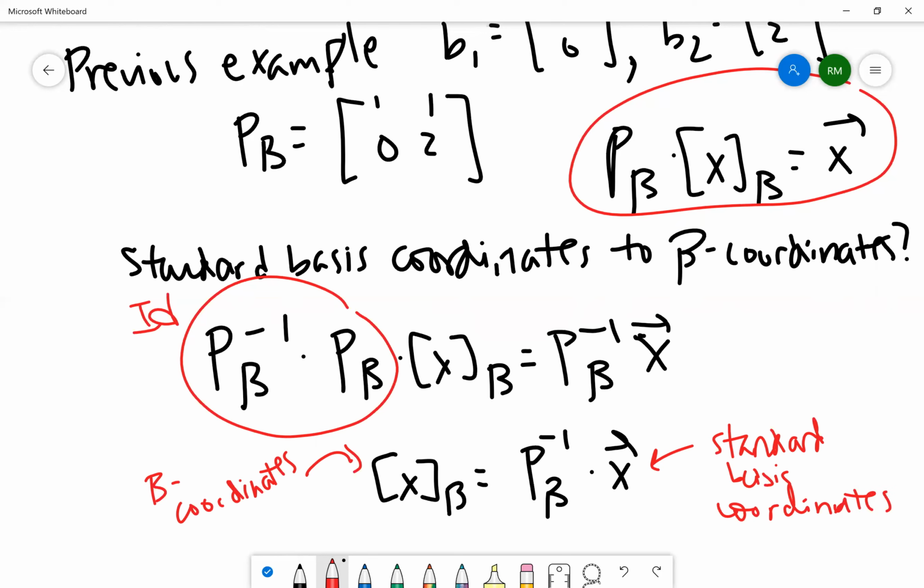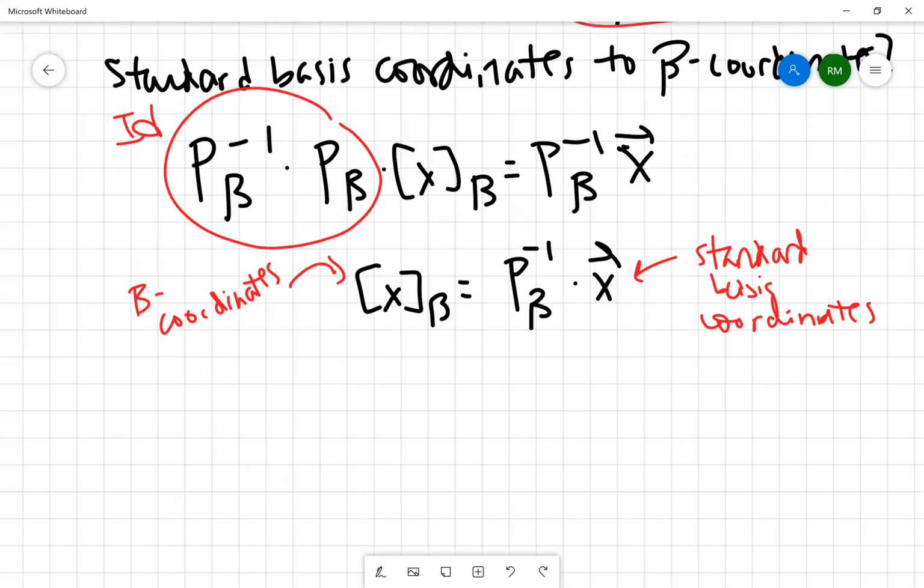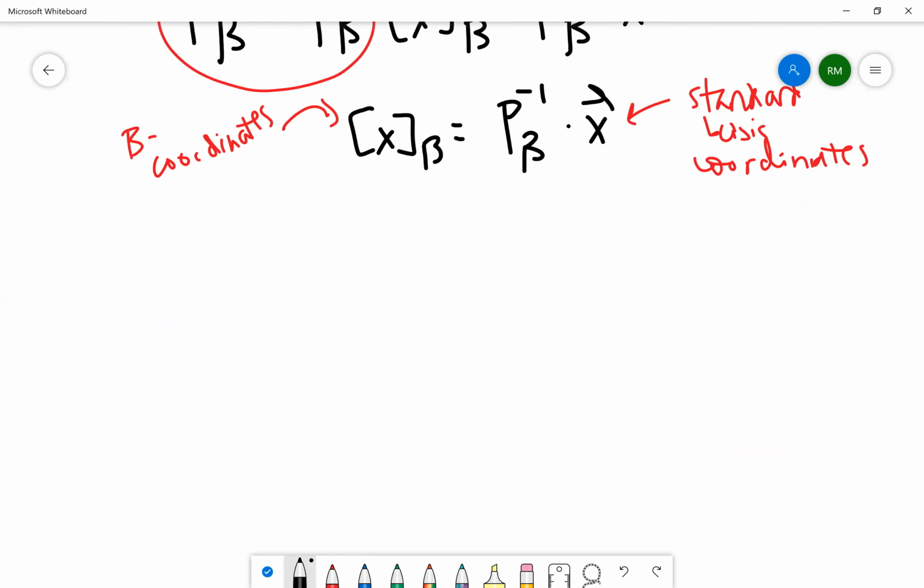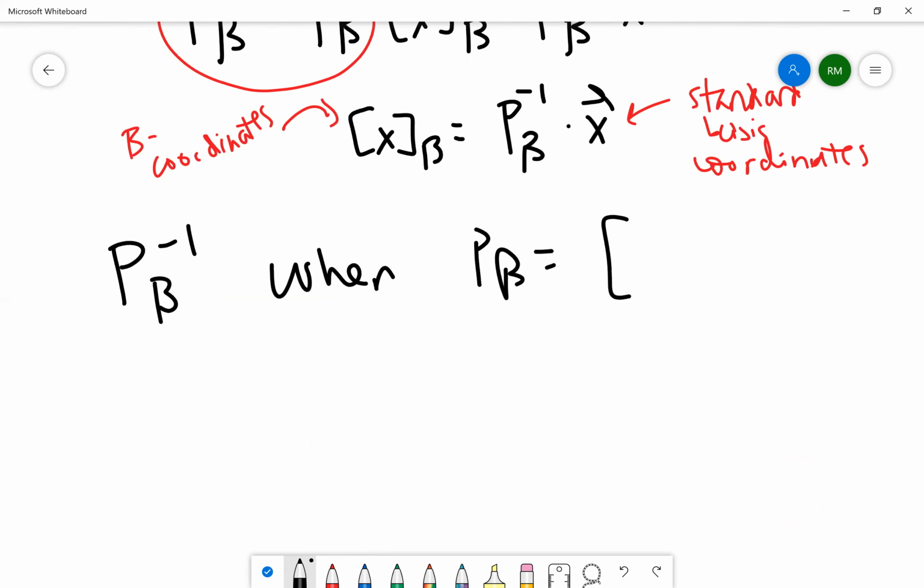All right, so I want you to find P inverse for what we've been doing before. Go ahead and pause the video and find P beta inverse when P beta is the change of coordinate matrix from before.